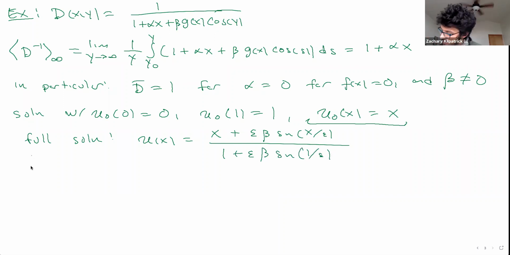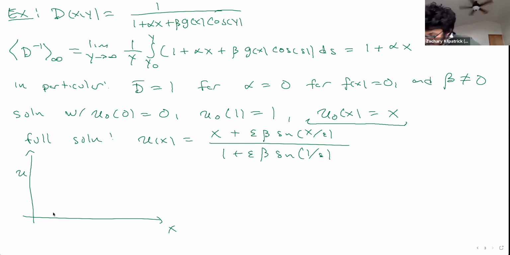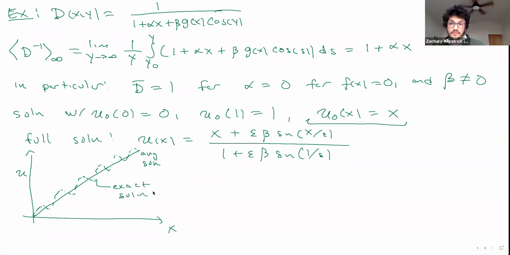So if I plot these, let me just go ahead and plot u. Our averaged solution is just going to be a straight line like this, right? And our exact solution is going to be something that oscillates around that averaged solution.